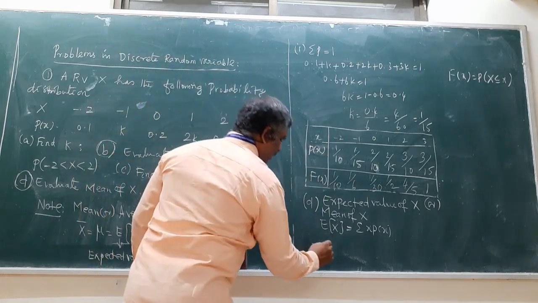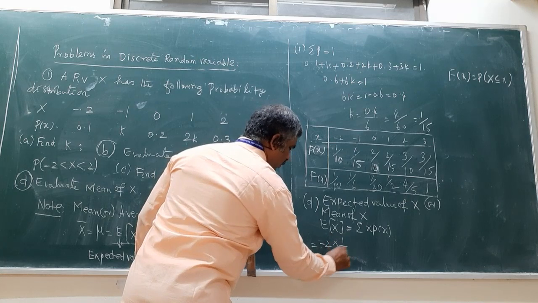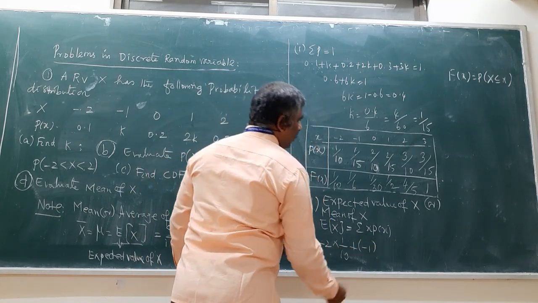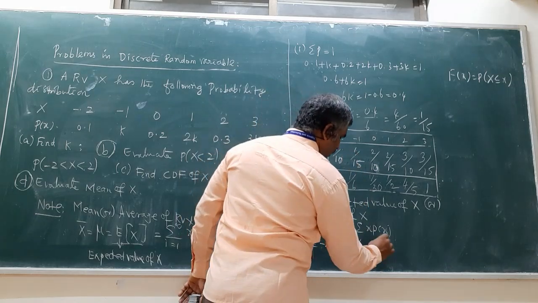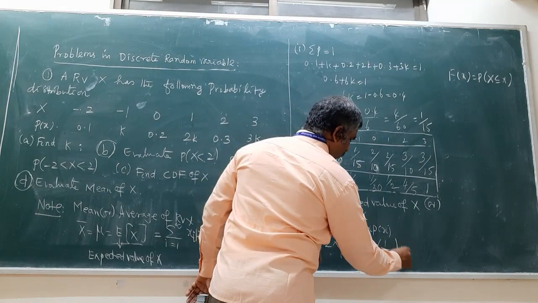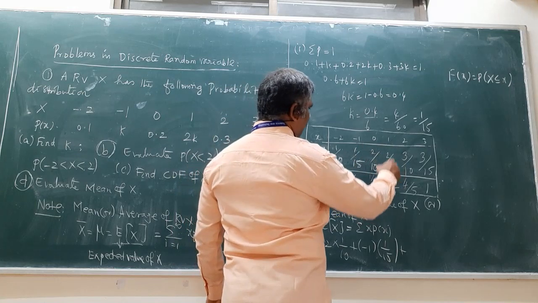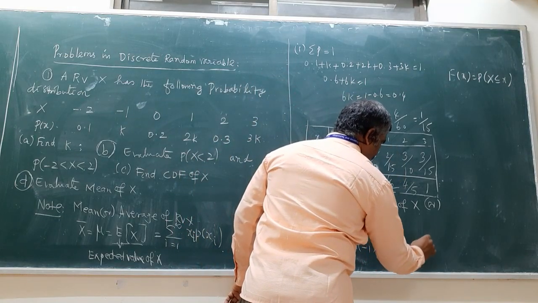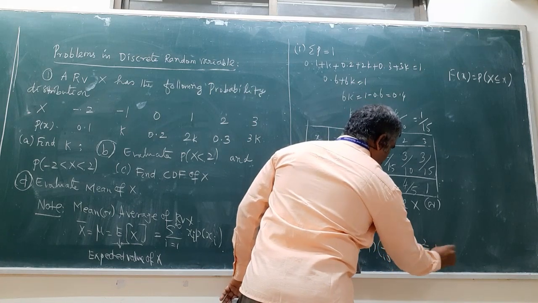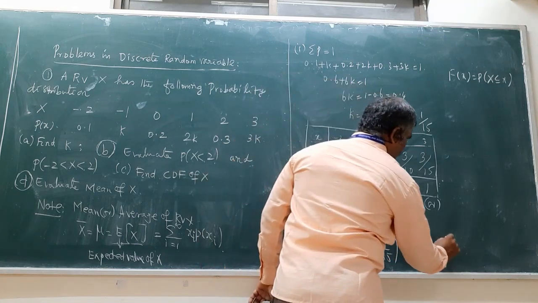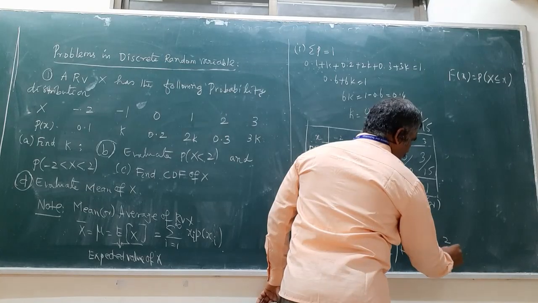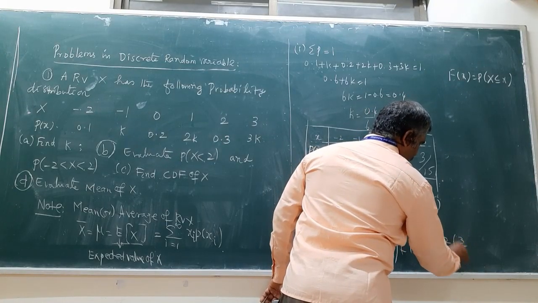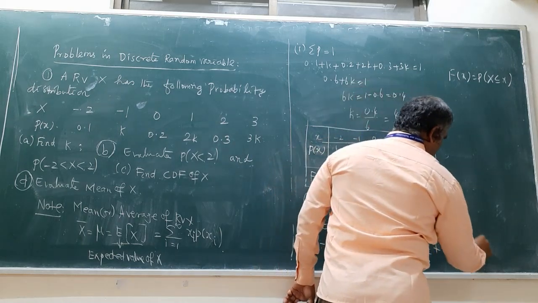Minus 2 into 1 by 10 plus minus 1 into 1 by 15 plus 0, leave it, 1 into 2 by 15 plus 2 into 3 by 10 plus 3 into 3 by 15.